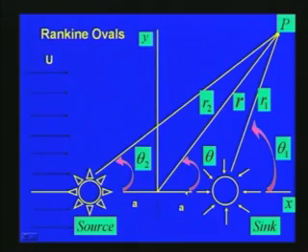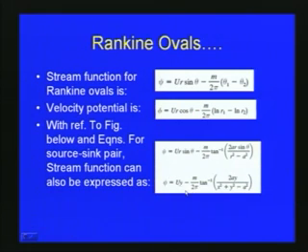Then psi is equal to u y, if we represent r sin theta as y, u y minus m by 2 pi tan inverse of 2 a y by x square plus y square minus a square. This is with respect to the Cartesian coordinate system and the earlier one is with respect to the polar coordinate system.